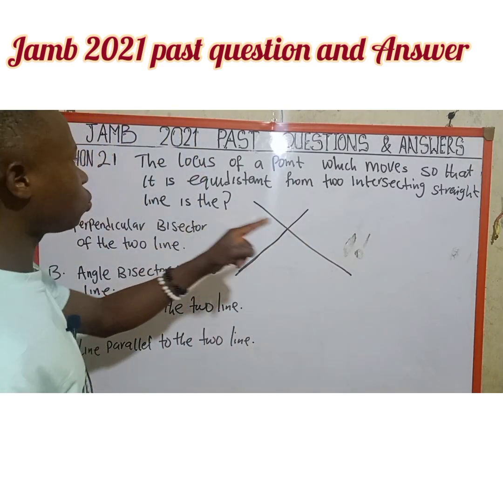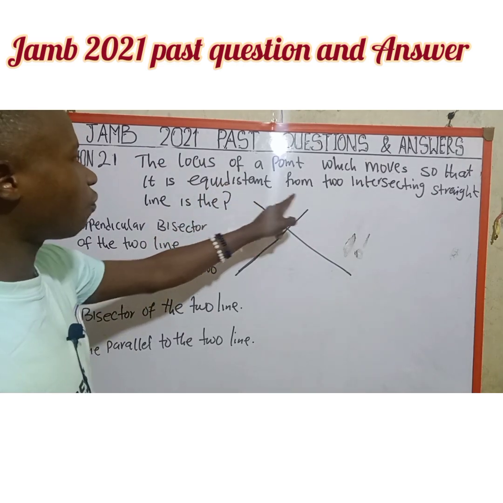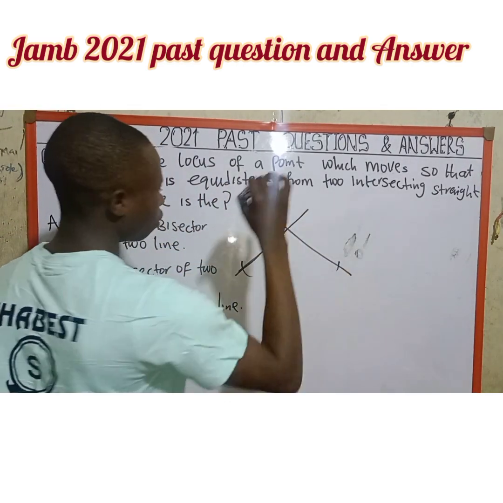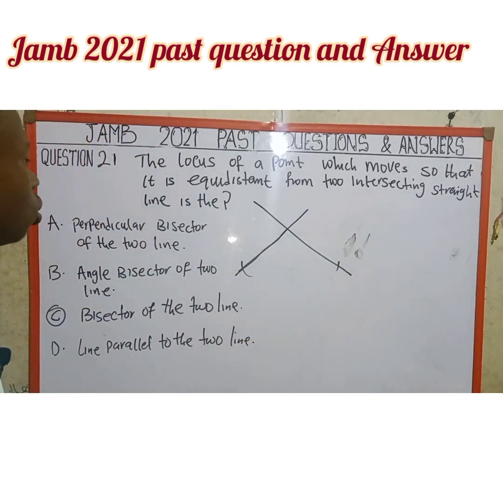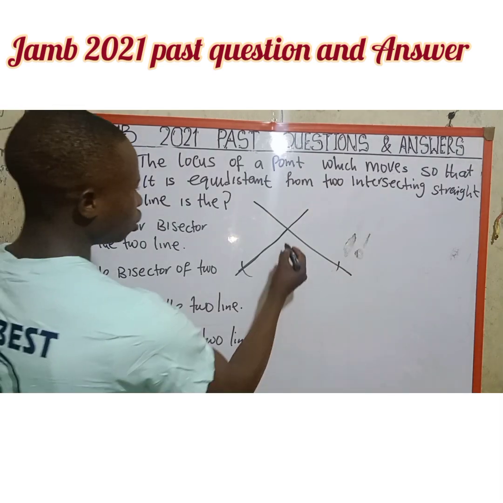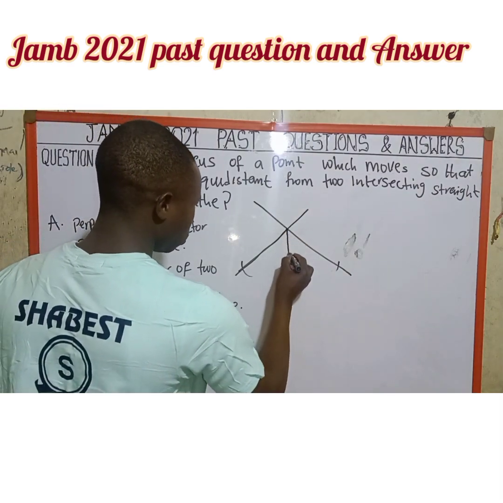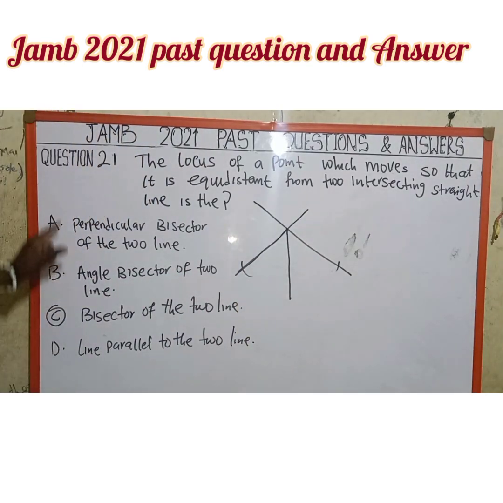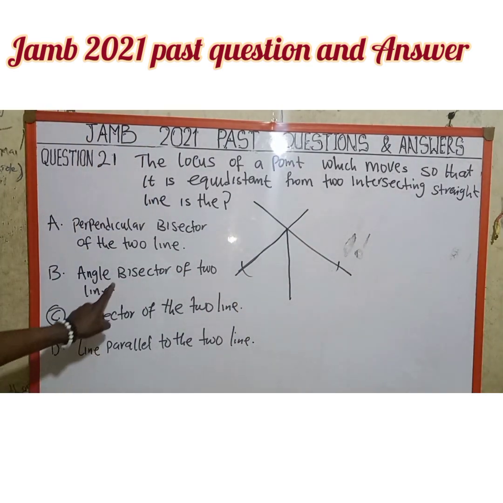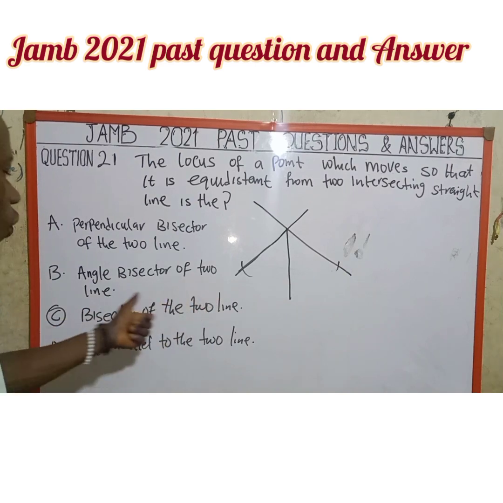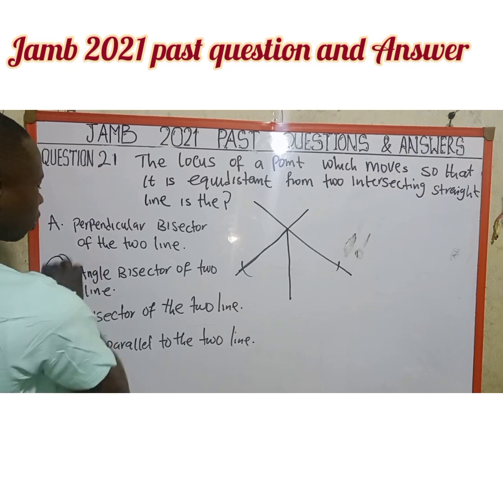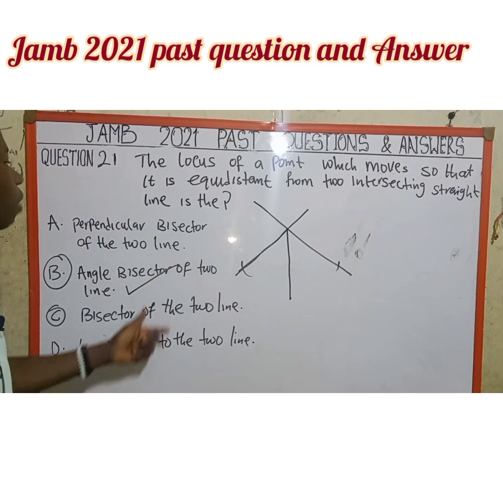And the question says so that it is equidistant from two intersecting straight lines. So this is the equidistance of these two straight lines. If you look at this line, there is another line that bisects these two angles. So this is the interpretation of this question. If you look at the options, the correct option is the angle bisectors of two lines, because we have two angles here. So B is the correct option in this number 21.